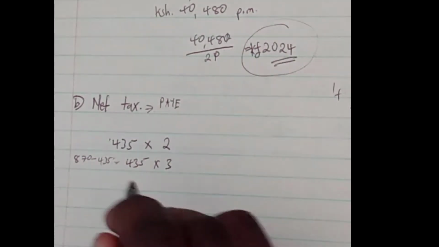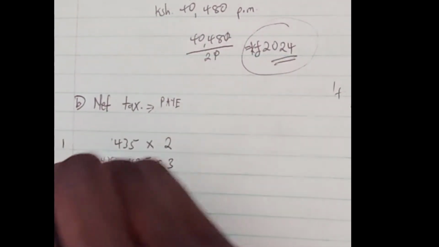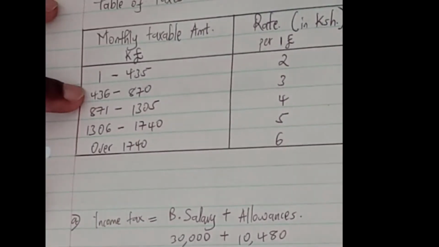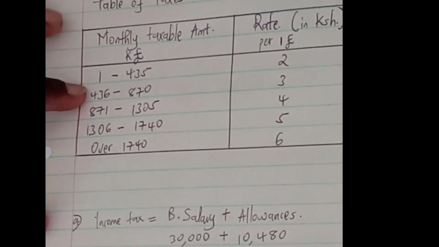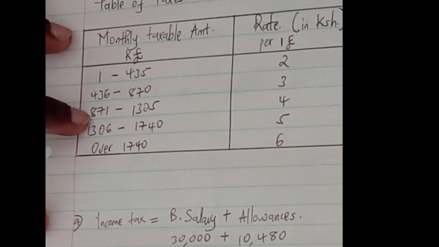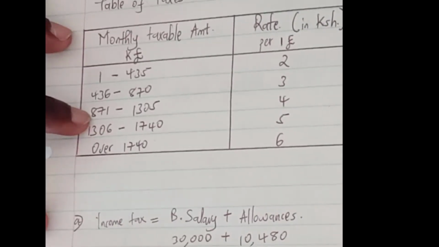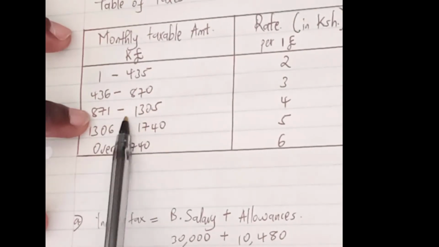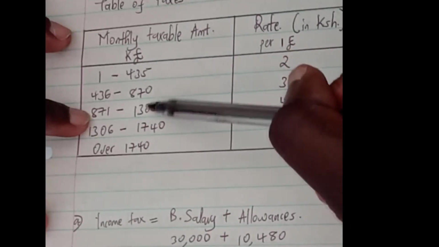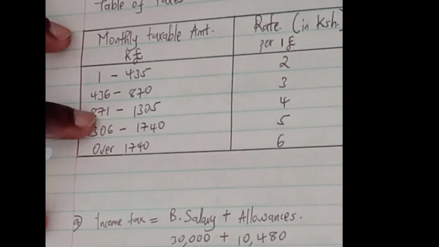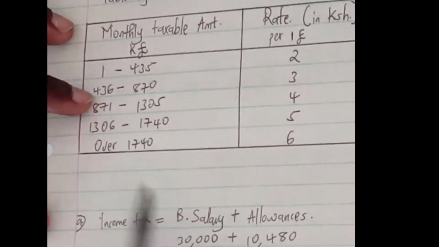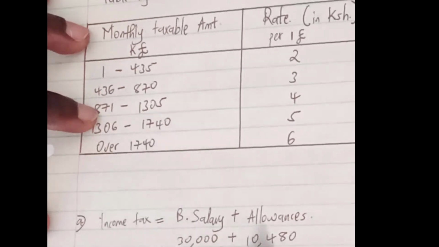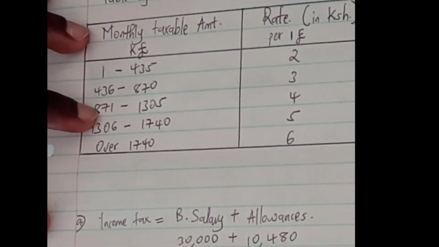Again, now let's check in the third row. So this is row 1, row 2, row 3. In the third row, we'll still notice that this taxable income is beyond this range. It has to go through all these ranges. We'll notice that 1305 is still less than the taxable income.